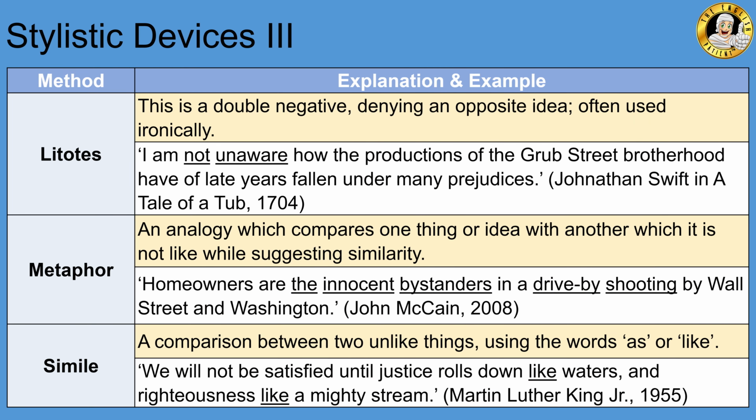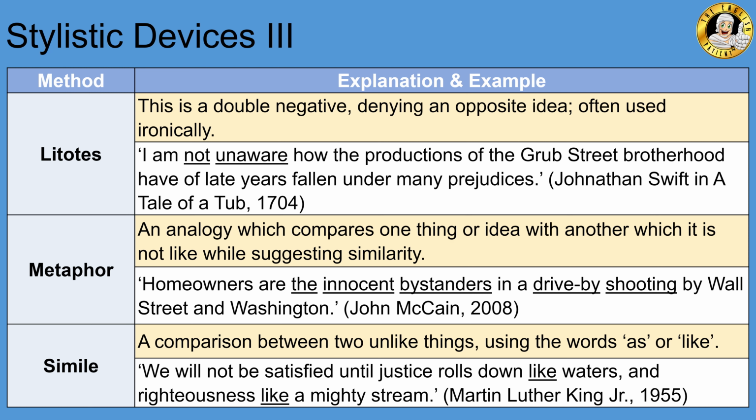Now the next stylistic device we have is litotes. And this is a double negative, denying an opposite idea, and it's often being used quite ironically. And here we have a quotation from Jonathan Swift in A Tale of a Tub in 1704.